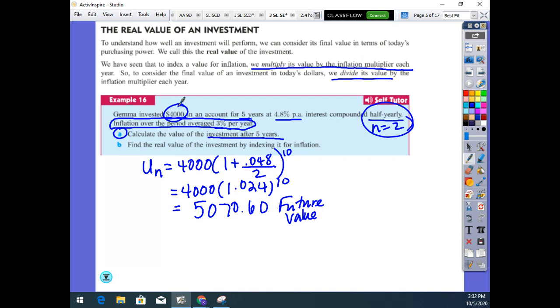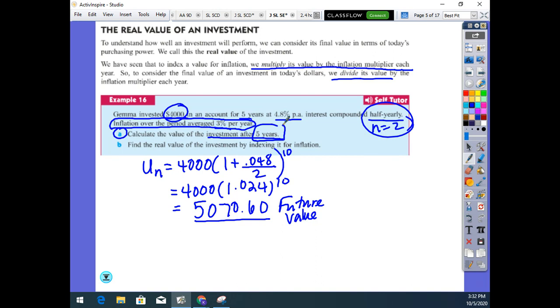So what they're saying is, if I invest $4,000 now and this is how much I'm going to have in my account, this much money in 5 years is not really going to be worth $5,000 because inflation, my dollar will be worth less than a dollar is today.